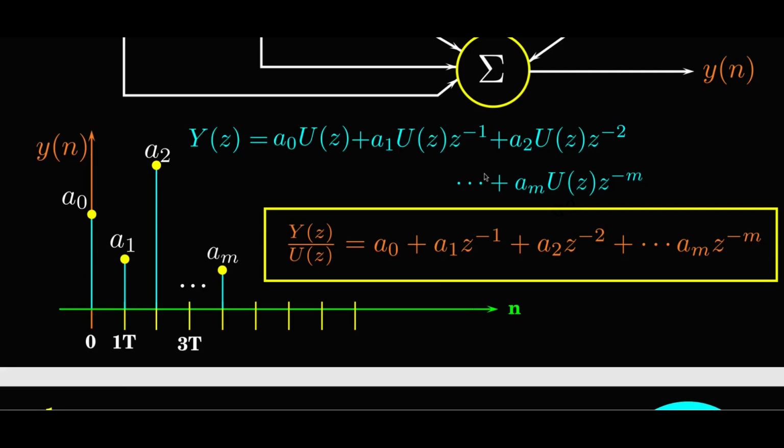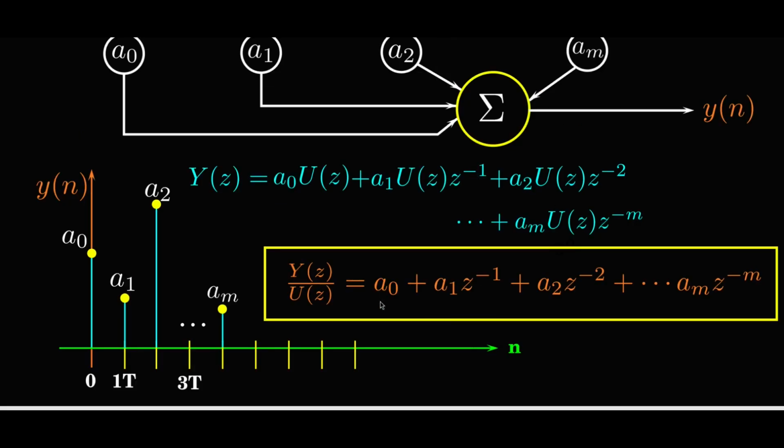And this part, if I take out z to the power of minus m common, that will be equal to z to the power of minus m, I am taking it out, a0 into z to the power of m plus a1 z to the power of m minus 1 plus a2 z to the power of m minus 2 plus so on am. So I will erase this, divide by z to the power of m.